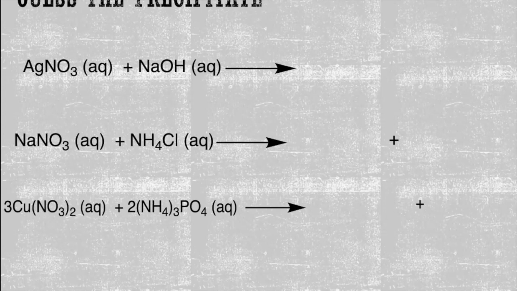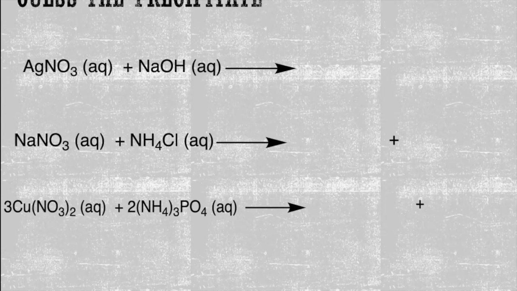Here we have silver nitrate reacting with sodium hydroxide. Silver nitrate and sodium hydroxide are both soluble compounds, because we're telling you on the left side that they're both dissolved. We also know that sodium hydroxide is a group 1 metal interacting with hydroxide, so all of those hydroxides are soluble.